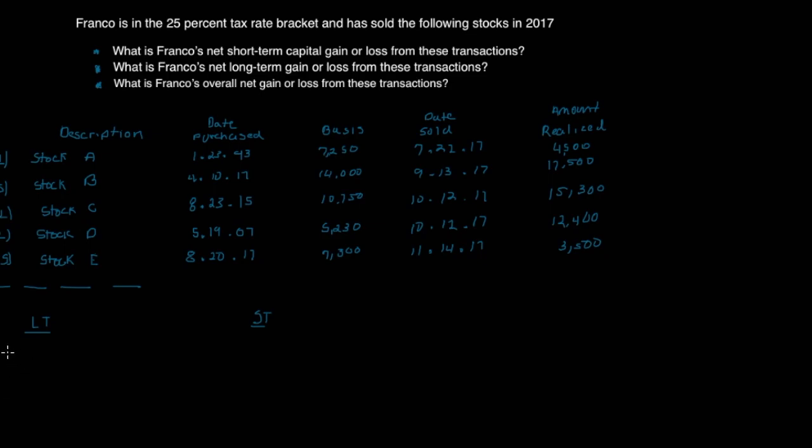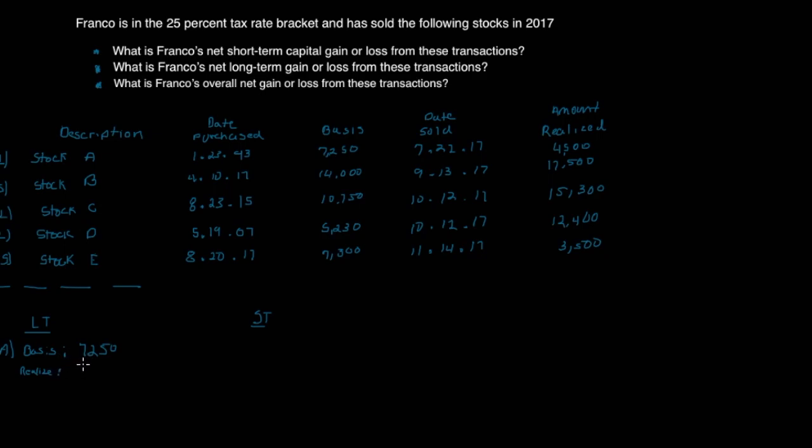So A is a long term, so I'm going to write basis here. Basis of stock A is 7,250. And then we have our realized amount. I'm going to try to write these as small as I can because I do not have much room here.